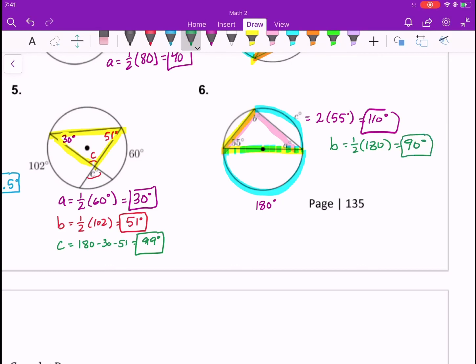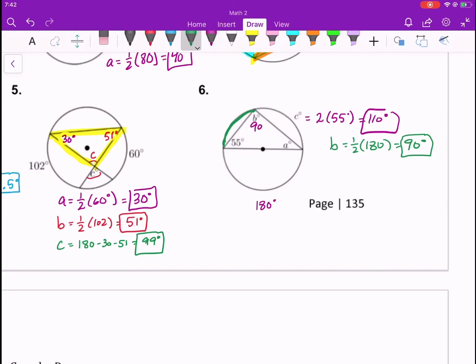So you just kind of have to be creative a little bit here to find some of these. And I'm going to clean that picture up a bit. So I know this is 90. I know that's 55. You could go about this next one finding a couple different ways. You could either find this arc right here and then take half of that.